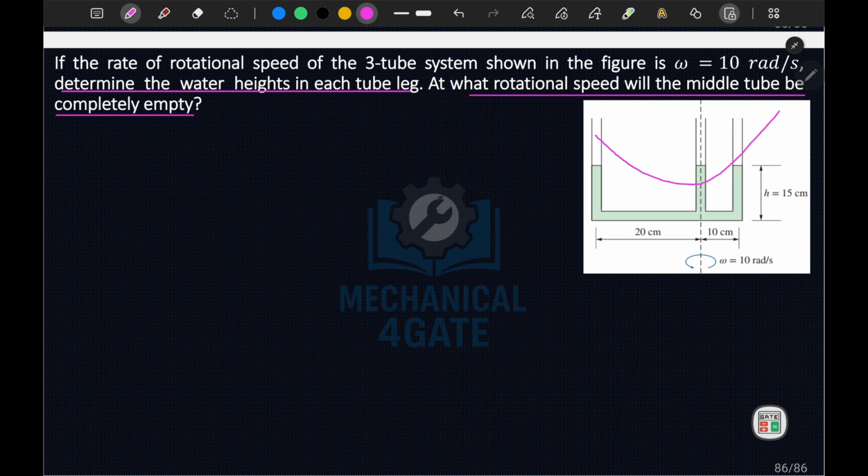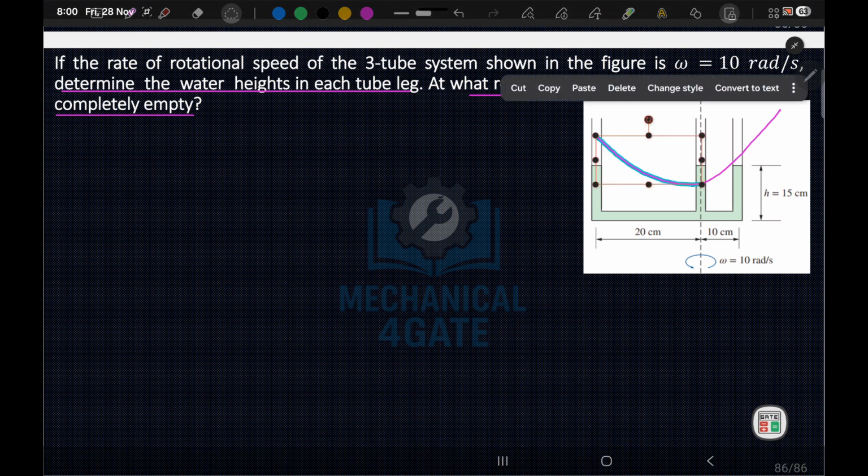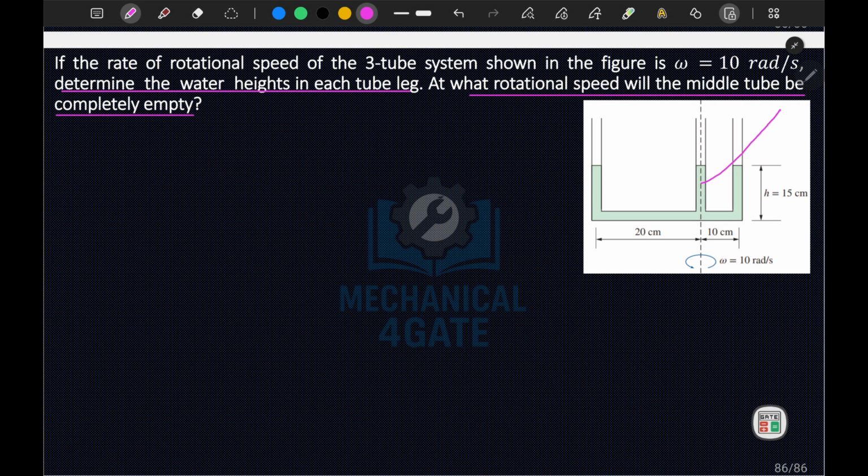Although the figure is not very smooth, it should be somewhere around here only. Now this is your point here. After rotation this will be the level, and here the level will be here.